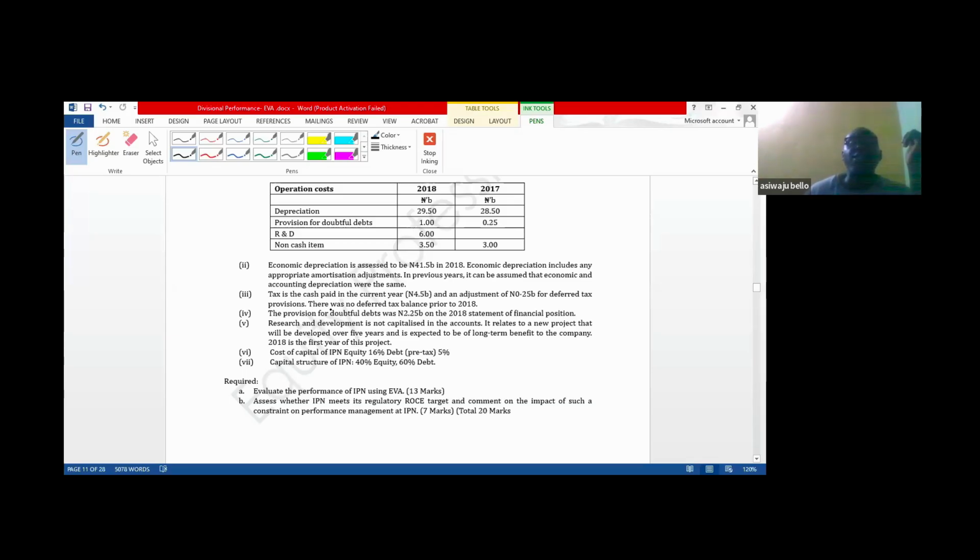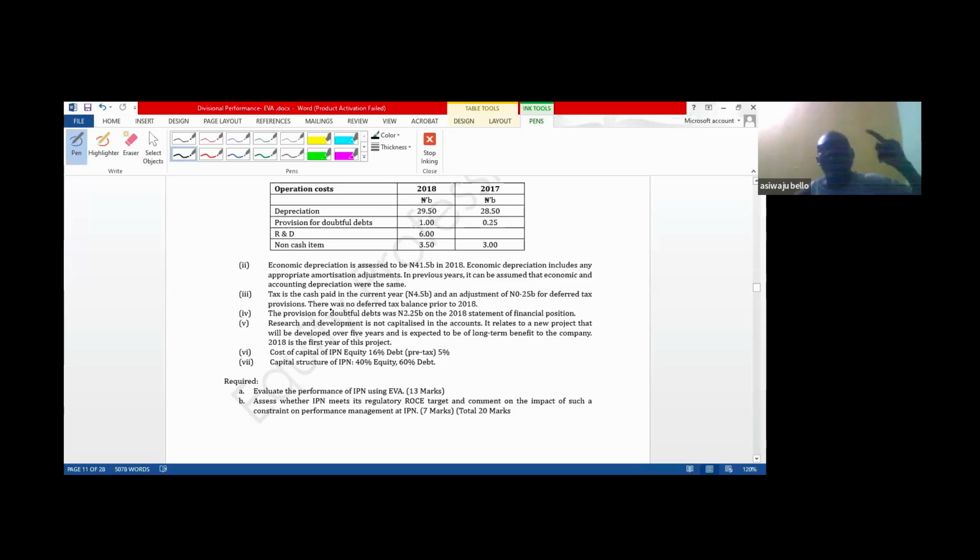The provision for doubtful debts was 2.25 billion on the 2018 statement of financial position. That means provision for doubtful debt has increased in the statement of financial position.